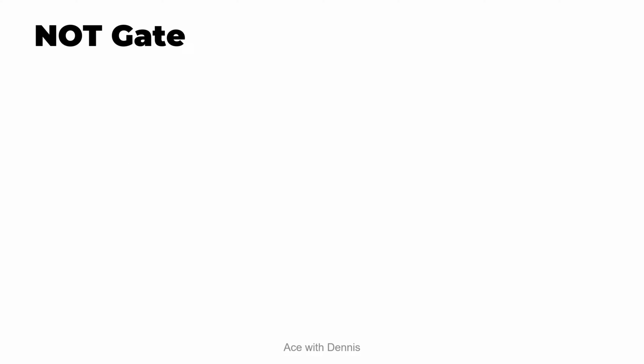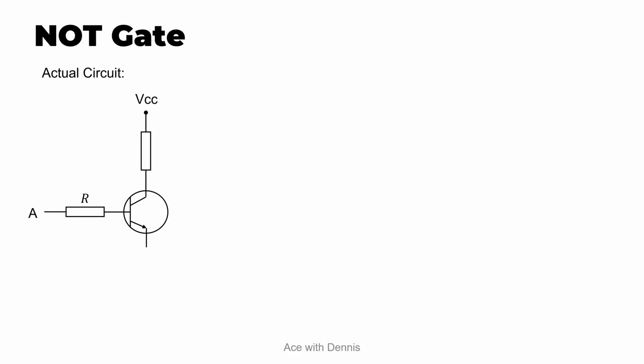NOT gate. So this is the actual circuit of a NOT gate. The power supply VCC is connected to the collector terminal of the transistor through a fixed resistor. For the NOT gate, there is only one input, input A, which is connected to the base terminal through a fixed resistor R. The emitter terminal is connected directly to the ground.